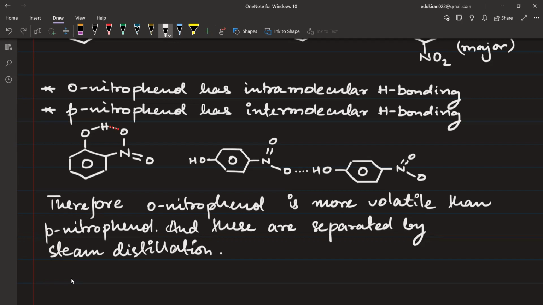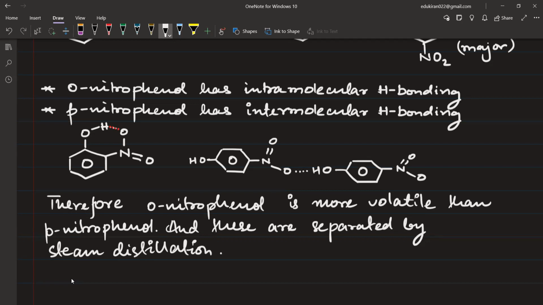P-nitrophenol will not boil off easily because it has hydrogen bonding. So we have a mixture and we start heating it. O-nitrophenol will evaporate, get condensed, and we will get pure O-nitrophenol in one container, on the right hand side of the distillation setup, and in the main beaker where we put the mixture, we will be left with only P-nitrophenol.